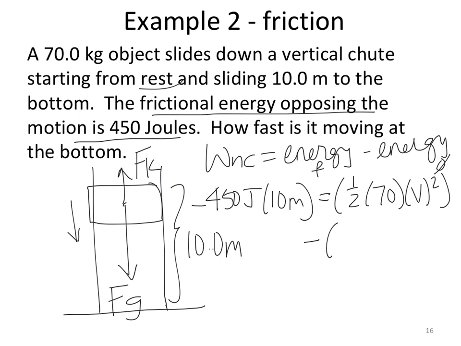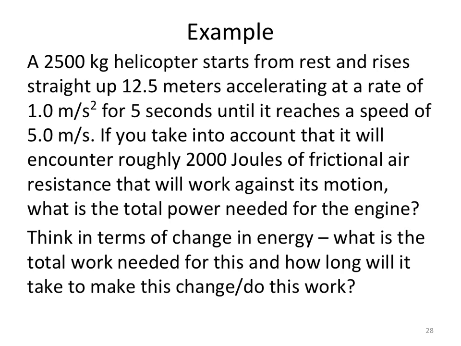Well, it's at rest, so the initial kinetic energy was 0, but the initial gravitational potential was 10 meters up. So we're going to take the mass times 9.8, this is mgh, times 10. So energy minus the potential energy it has, mgh. And then we'll be able to solve for v.